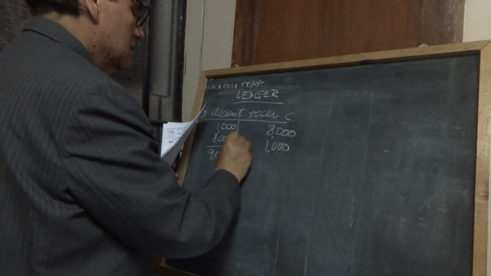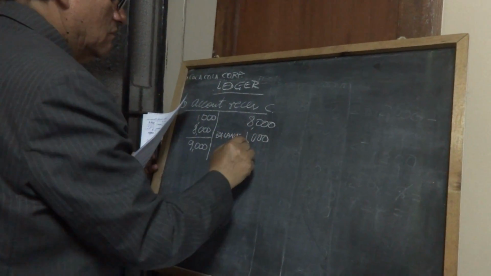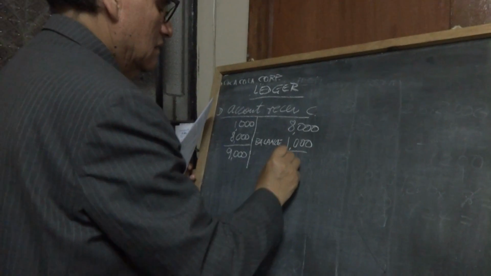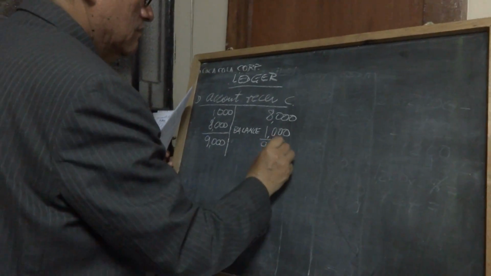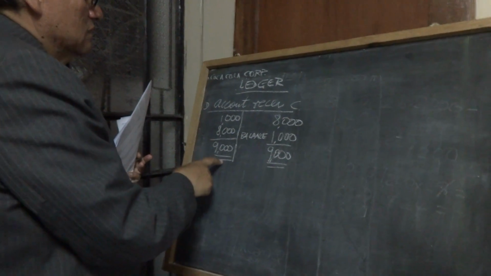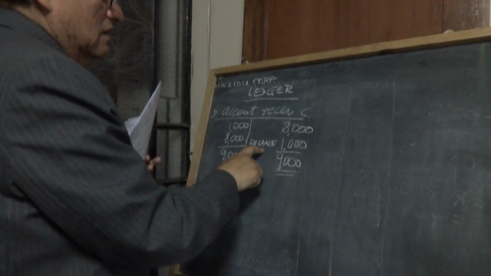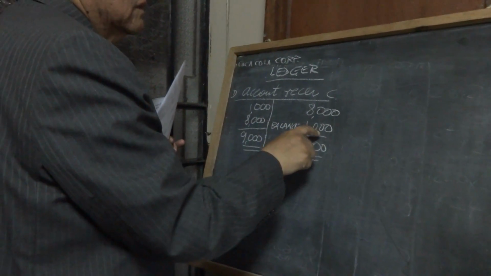The balance will be $1,000. Let's sum, and we have $9,000 on debit and $9,000 on credit. The balance is $1,000.